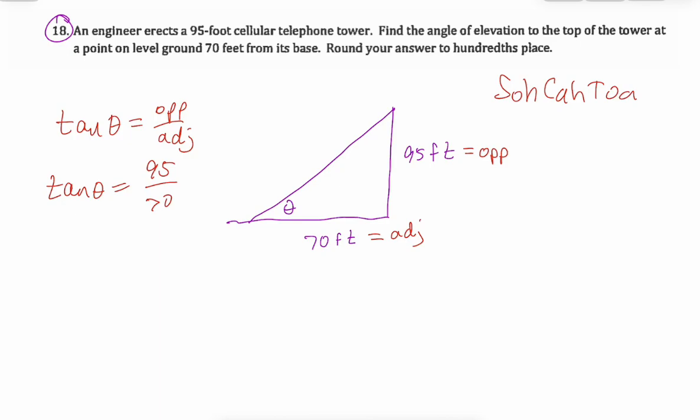Now, we are looking for the angle measure. That is the only time you hit the second button or the inverse button on your calculator. So make sure your calculator is in degree mode. We're going to assume they want degrees.